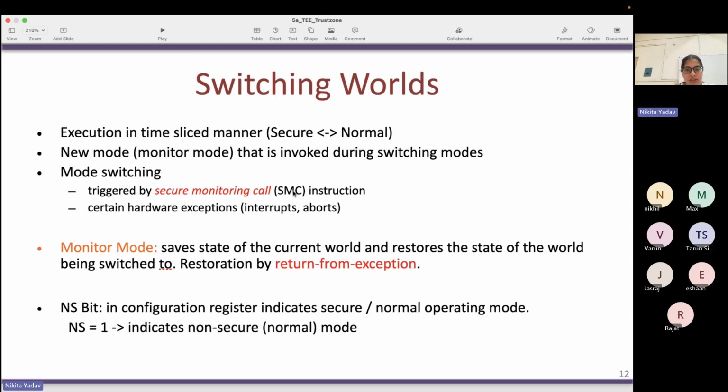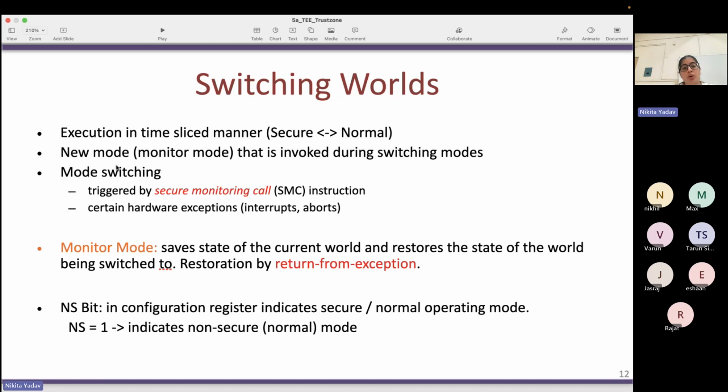When this instruction is executed, it causes an exception, and that exception is caught by your monitor. So we'll just come to it.